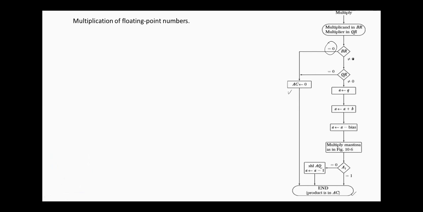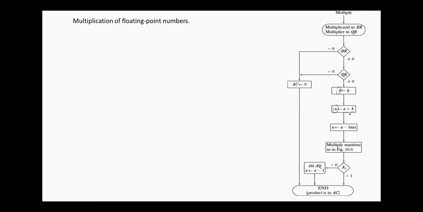If BR is not 0, we check if QR is 0, again the product is 0, and again we are done. If both operands are not 0, the exponent of the multiplier is in Q and is transferred to the A. Next, we add the two exponents A and B in A.